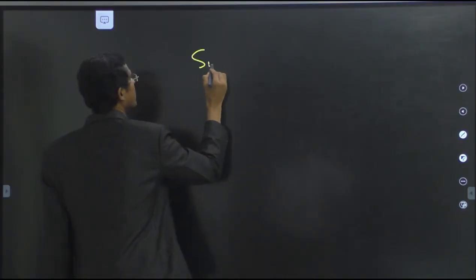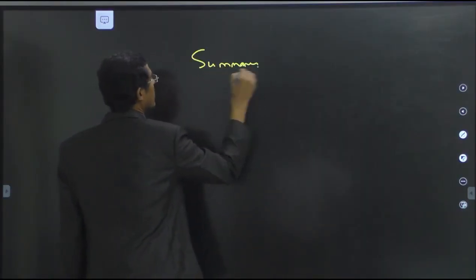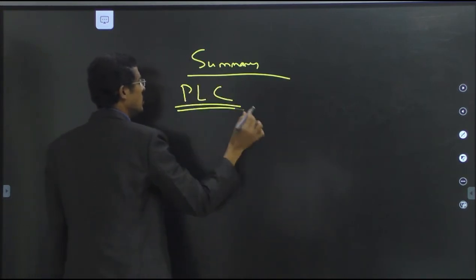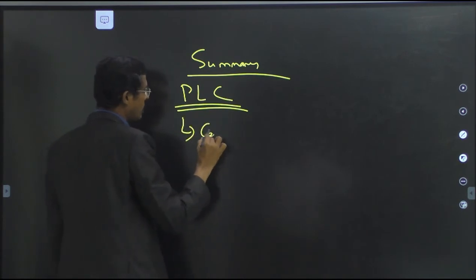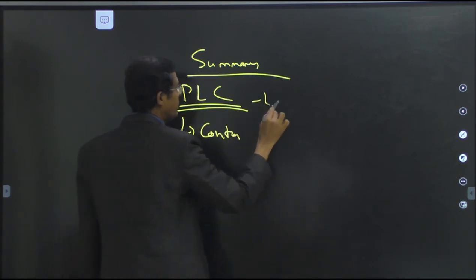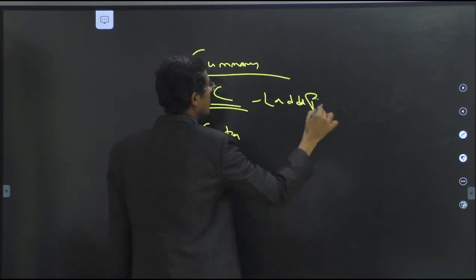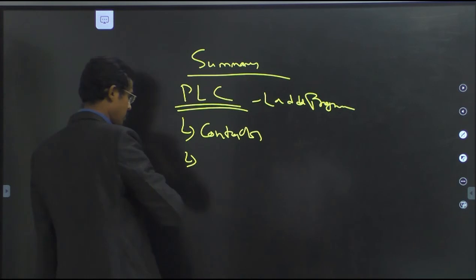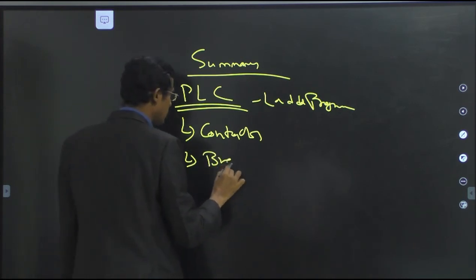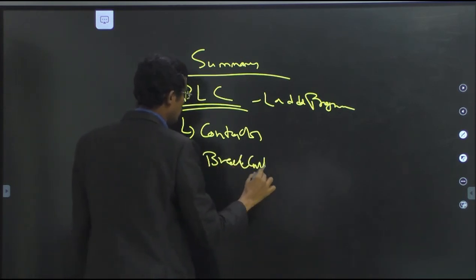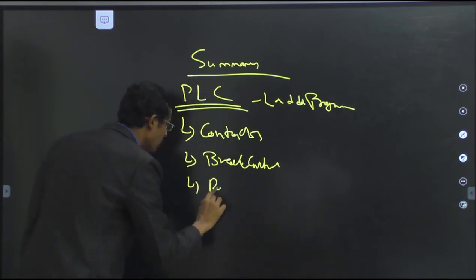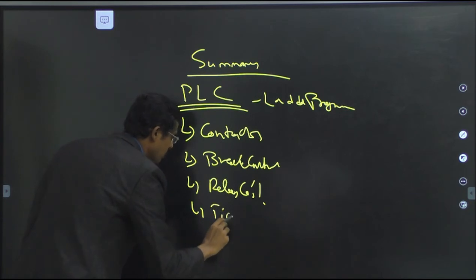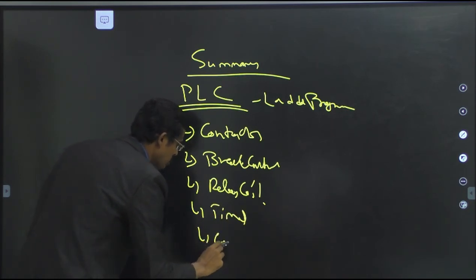The summary. In today's class regarding the PLC systems, we have seen about the contacts, about the ladder program, about the brake contact, about the relay coil, about the timer, and about the counters.